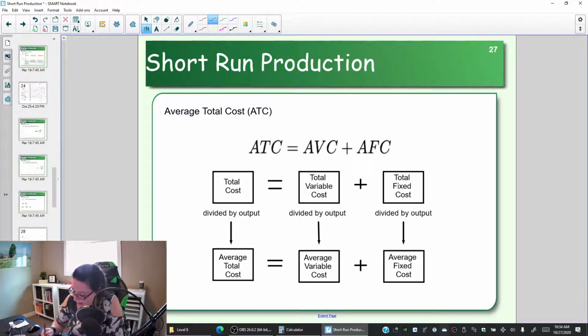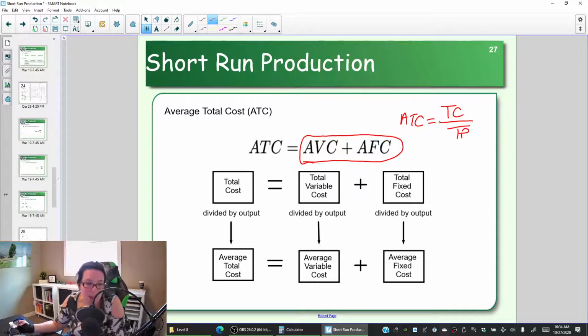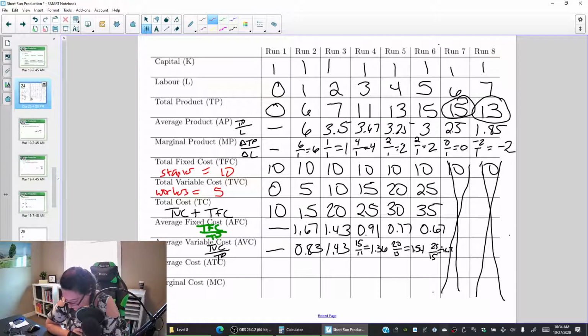So it doesn't really matter if you want to add average variable cost plus average fixed cost, or if you want to take total cost divided by total product. Whichever is easier math.